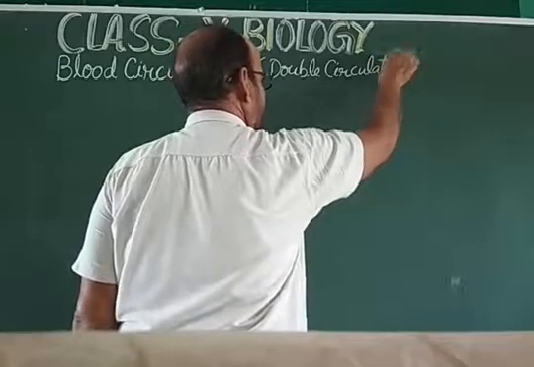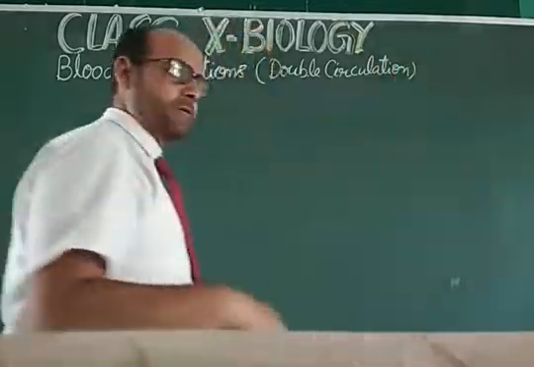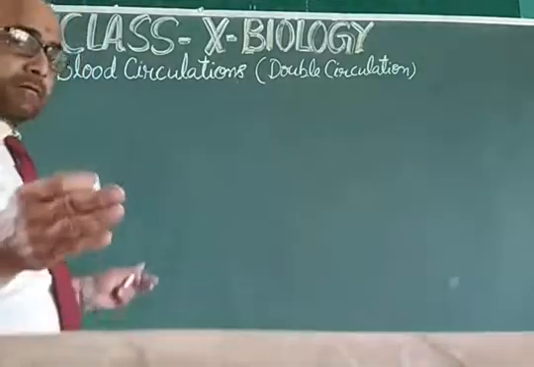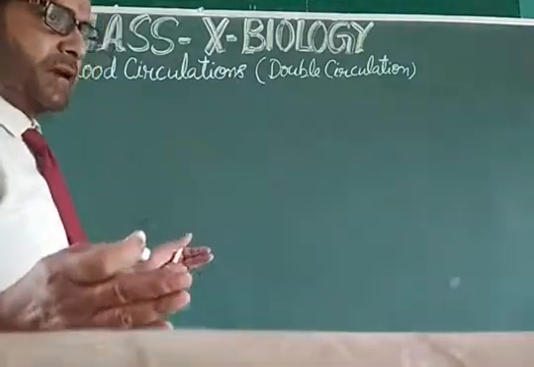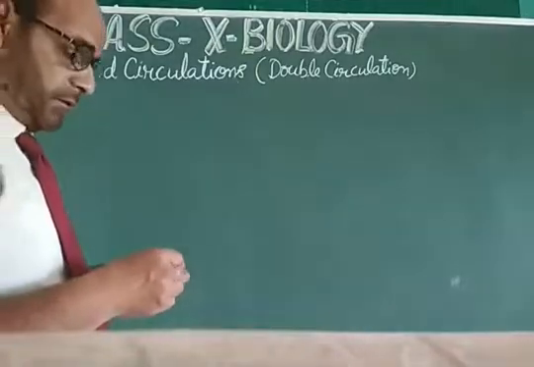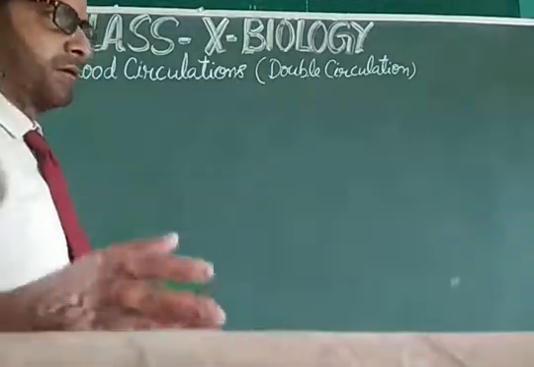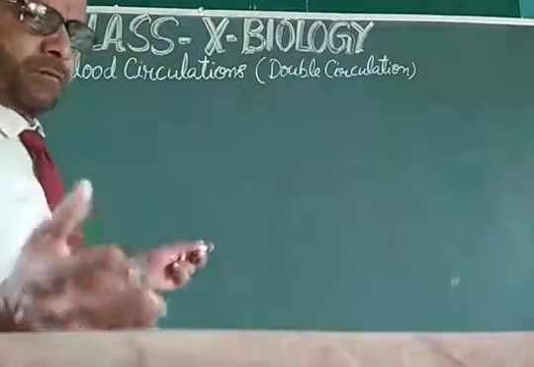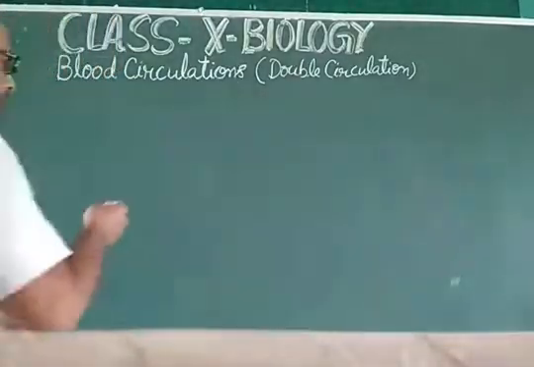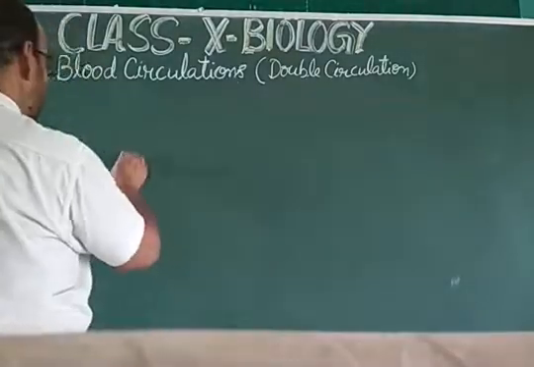You have to know how this double circulation takes place. So let us start viewing the internal structure of the heart. In my previous video, you have seen the morphology of the heart, and now let us see the anatomy of the heart.